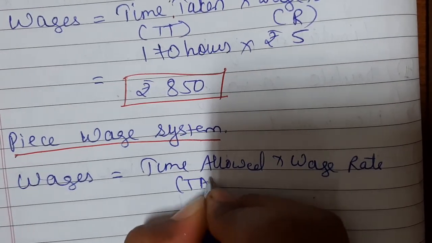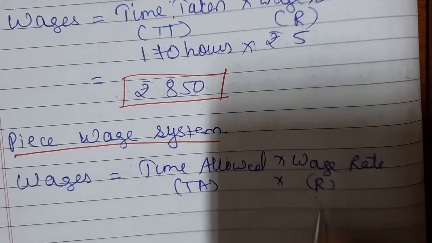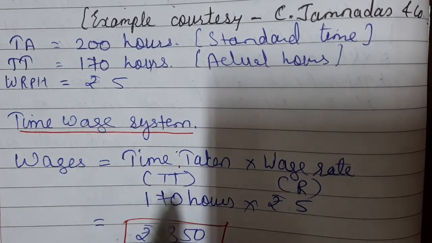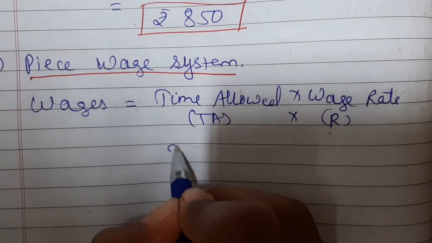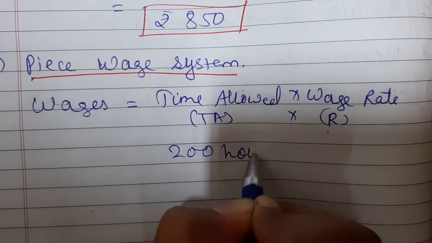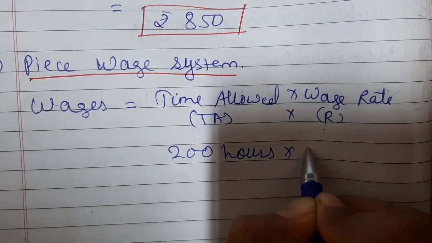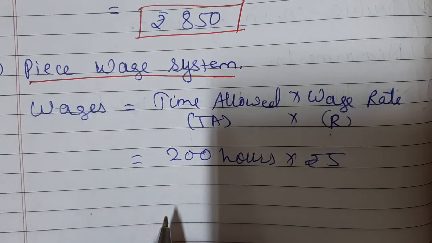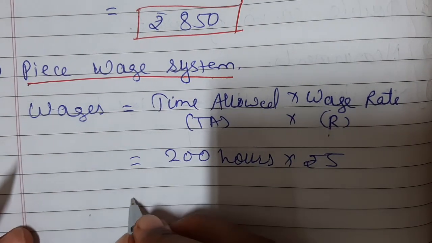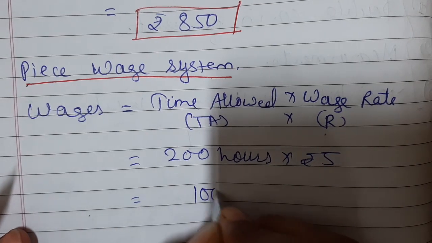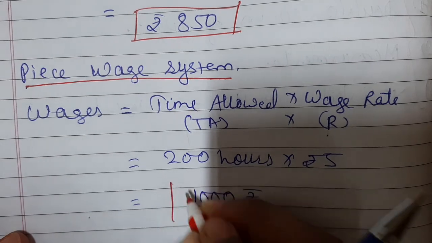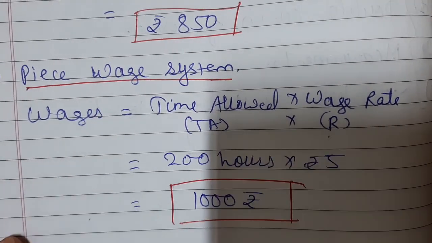Shortly we can write it like this, TA into R. So time allowed in the example is 200 hours, so we need to take 200 hours into wage rate ₹5. Wage rates are common for both the cases. So my amount will be ₹1000. So wages paid is ₹1000.